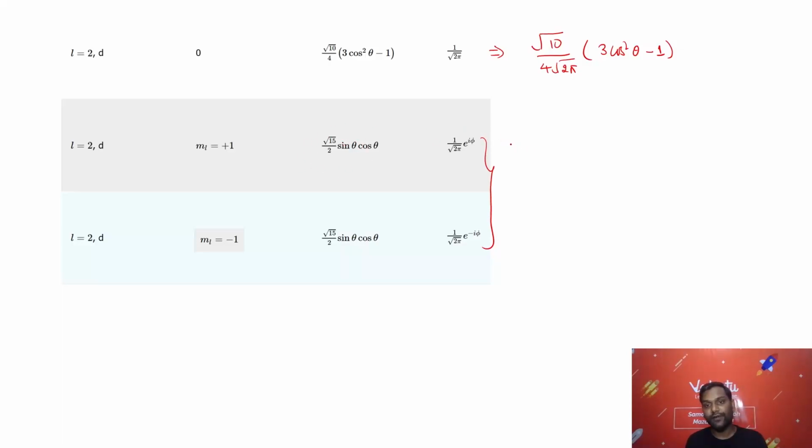The total wave function we will get as root 15 by 2 sine theta cos theta is the p theta part, and the p phi part would be cos phi upon root pi for one, and for the other one it would be sine phi upon root pi.